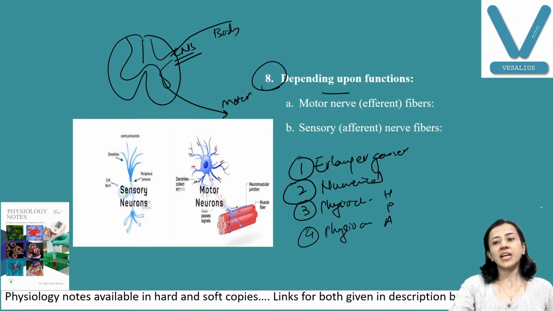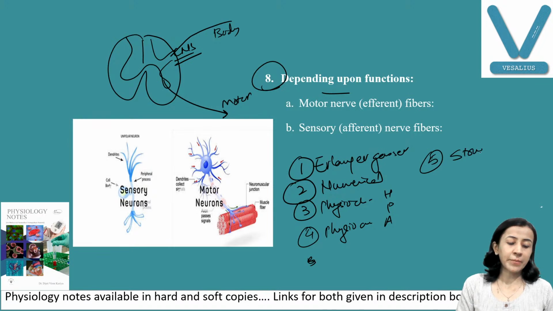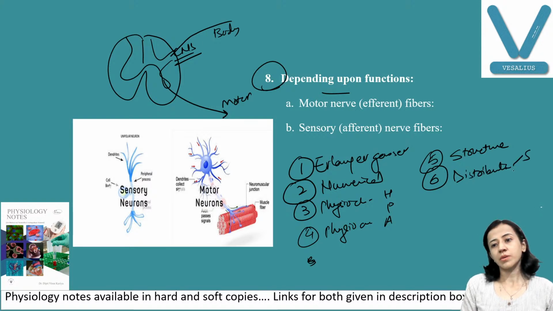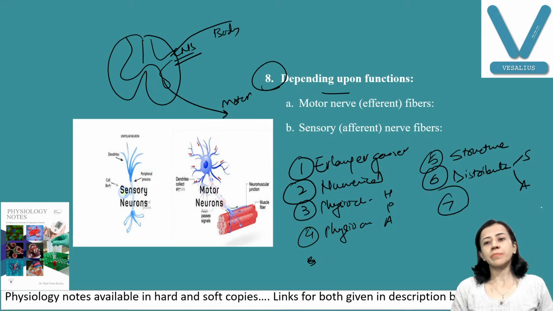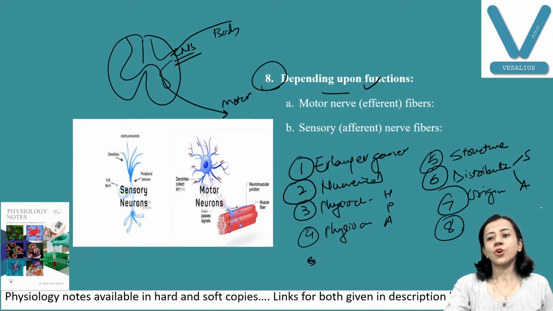Fifth, depending on the structure, meaning the fiber is myelinated or unmyelinated. Sixth, depending on distribution, somatic or autonomic. Seventh, depending on origin, cranial or spinal. And eighth, depending on function, motor and sensory.